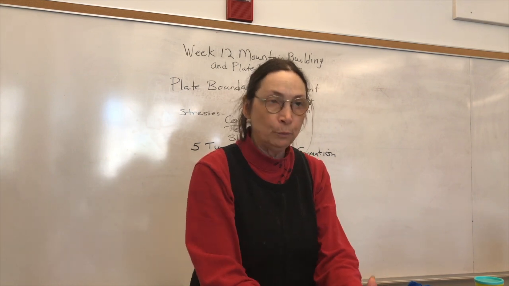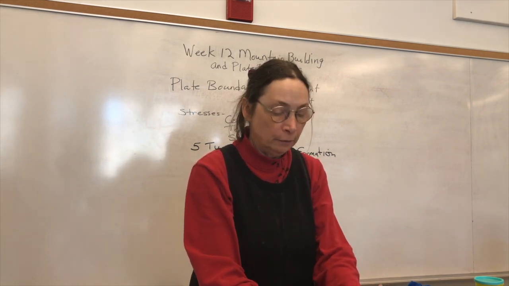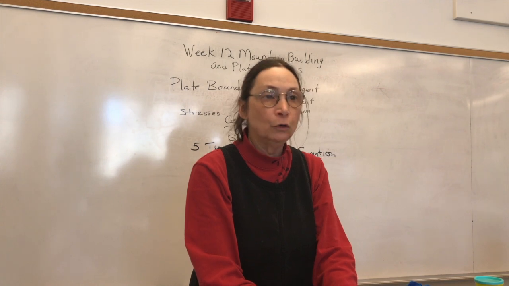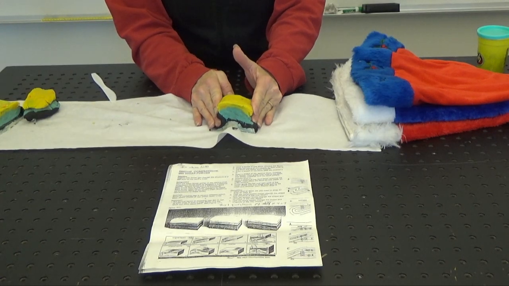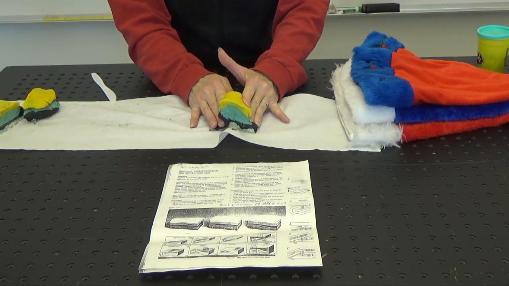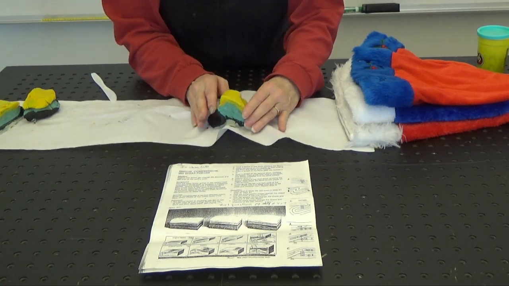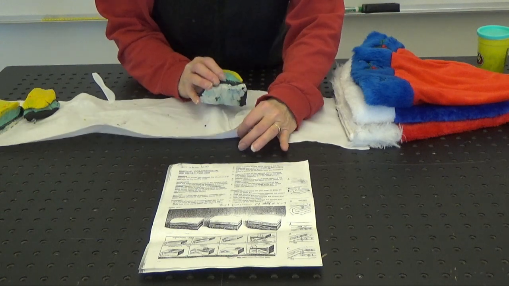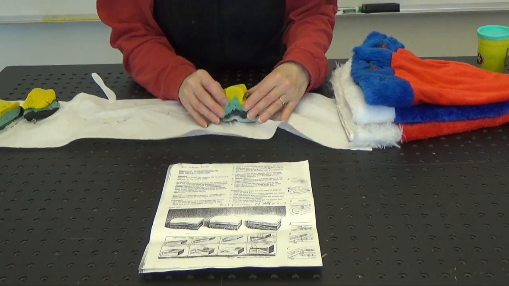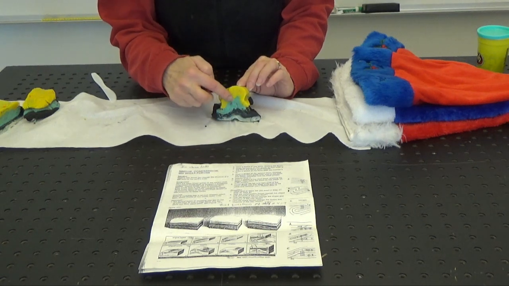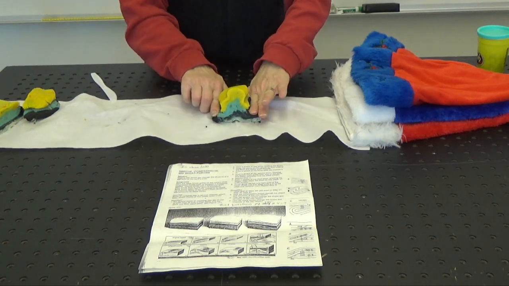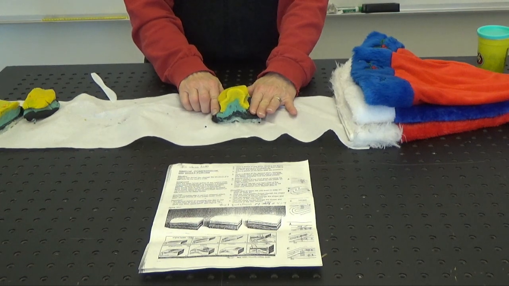That means you're going to push slowly the layers together until you form a mountain. Notice how the layers have folded and a valley has formed on either side.